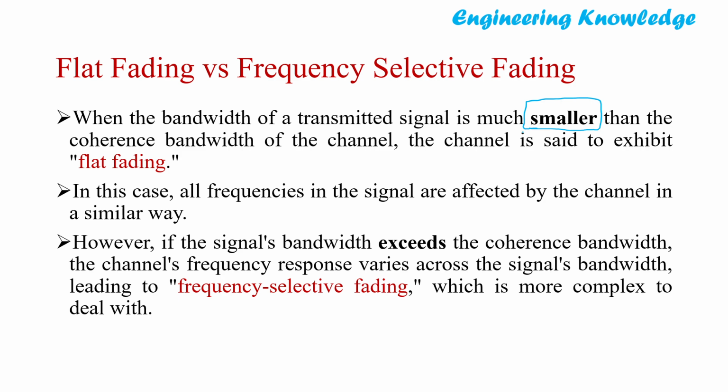For that, the signal bandwidth needs to be smaller than the channel bandwidth. Similarly, when the signal's bandwidth exceeds, and this is very important, exceeds, is larger than the coherence bandwidth, denoted by B suffix C, then the channel frequency response is not constant throughout the bandwidth of the information signal, and therefore the fading that will take place in this case is said to be frequency selective fading.